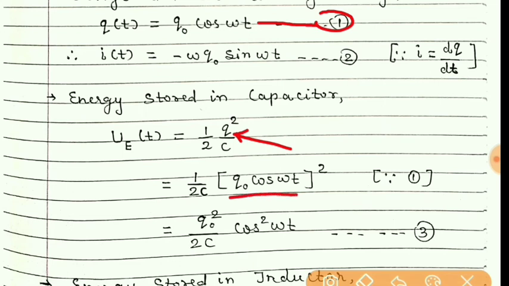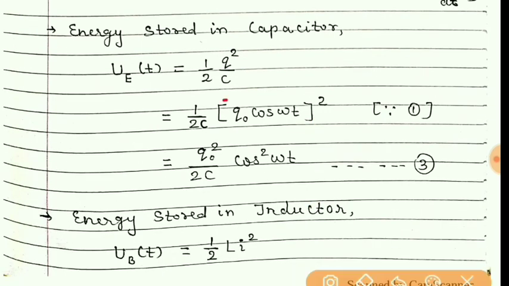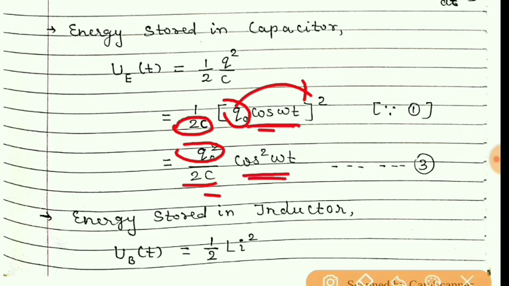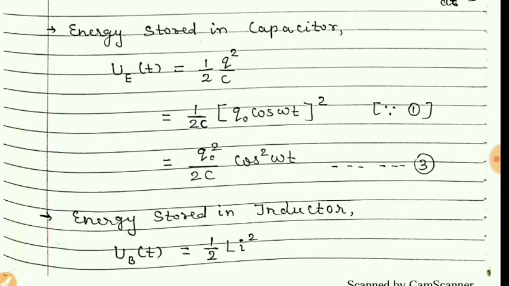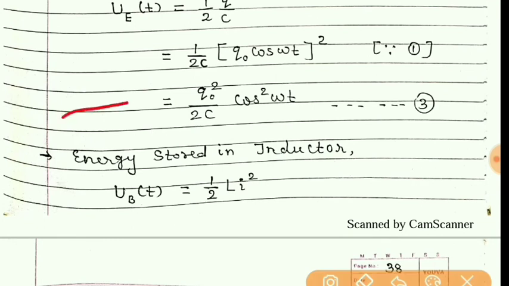Opening this bracket, we will get q naught square, in denominator 2C as it is, and cos square omega t. Let us give this equation number 3. So this is the energy at present in a capacitor at this time t.